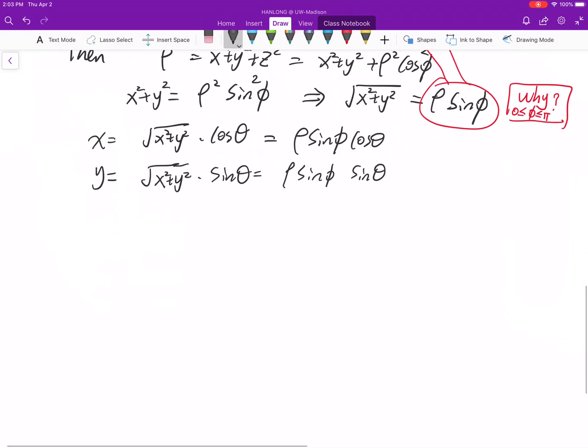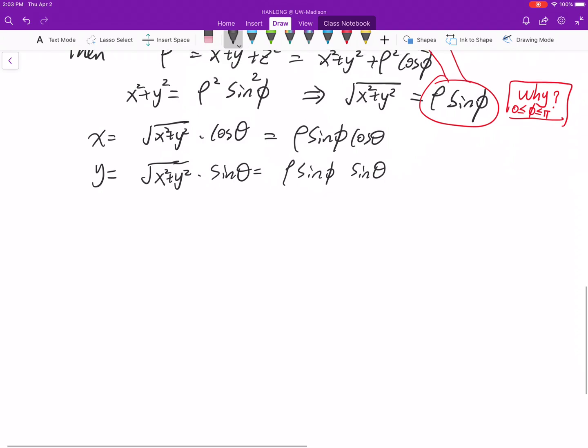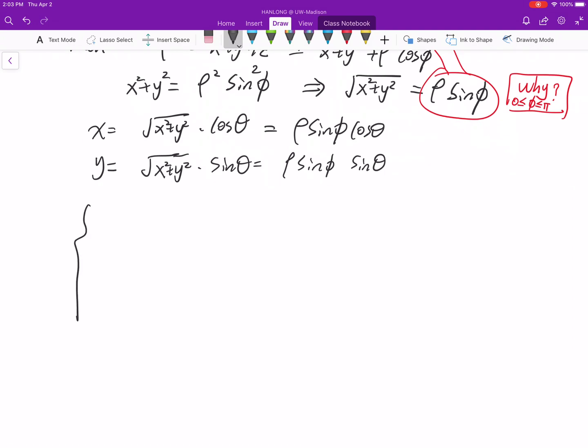Okay, so as told, we have the following. x is rho sine phi cosine theta, y is rho sine phi sine theta, z is rho cosine phi.